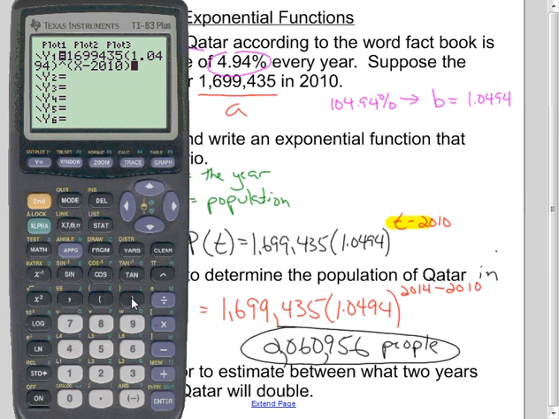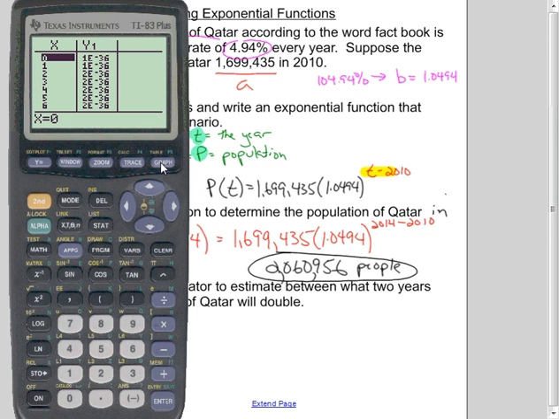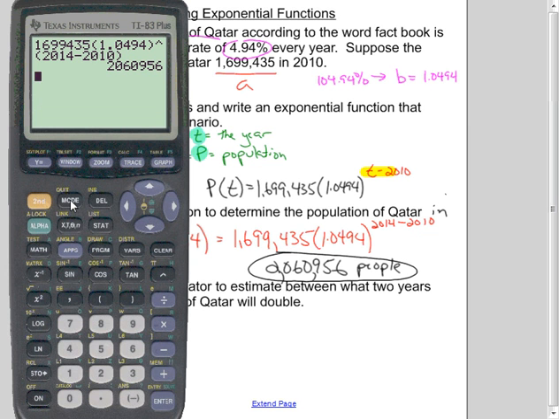Okay? So, for there, if you notice, when I hit second table, I'm looking for a very particular number. I'm looking for when the population doubles, okay? And it's starting me at 0, so we have to adjust that a little bit. So, let me come back here to where I can write a little bit, and keep in mind that I need to realize that the population started at A, so doubling it is 2A.